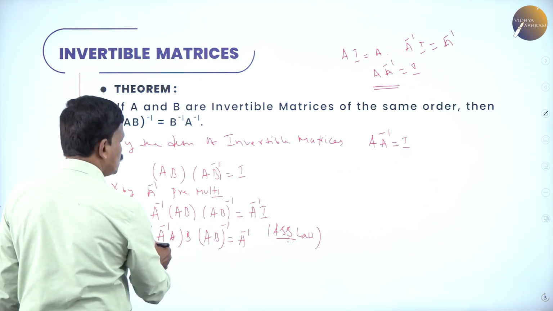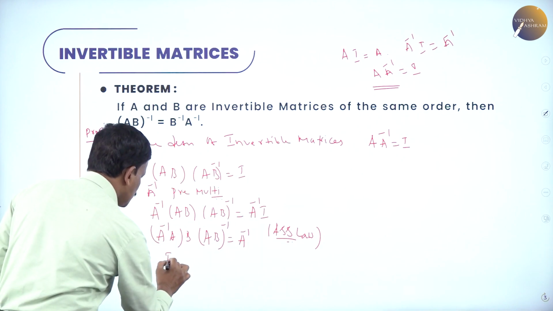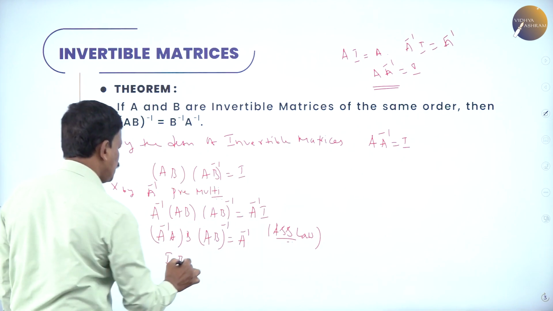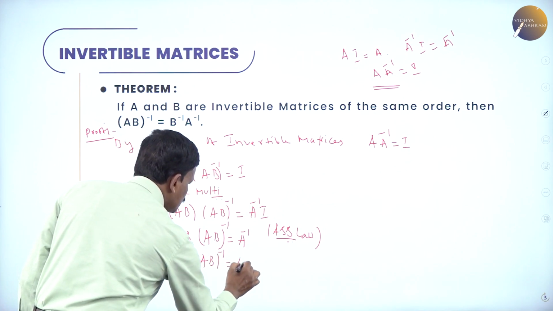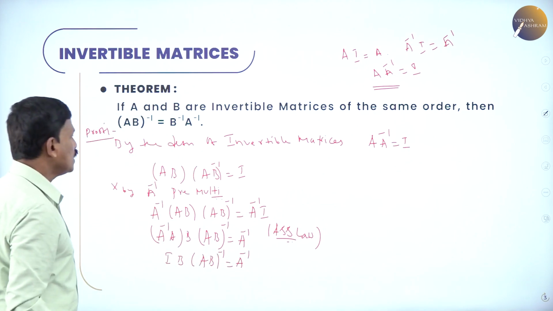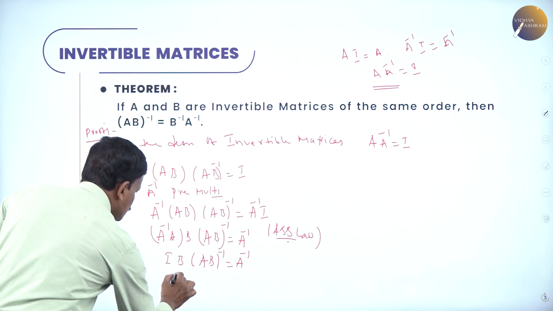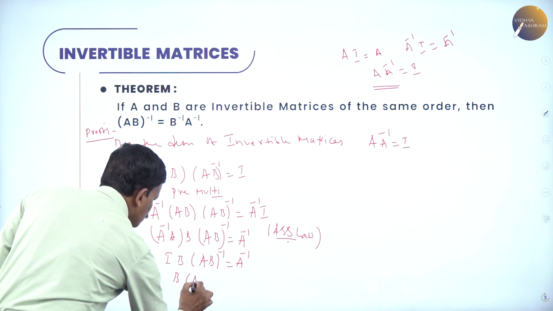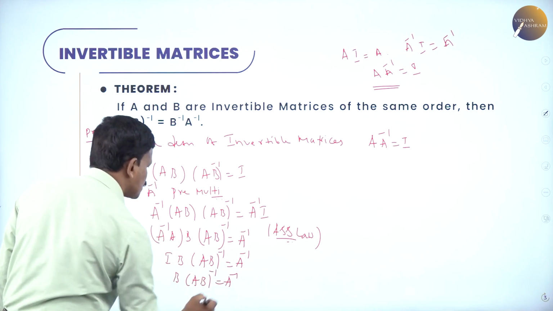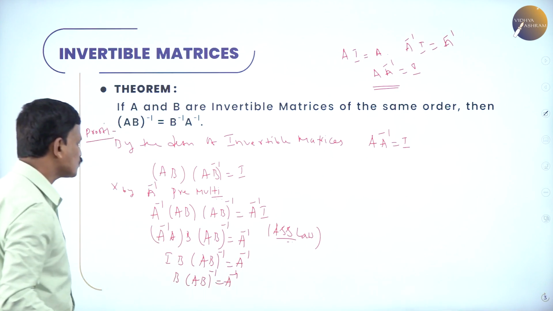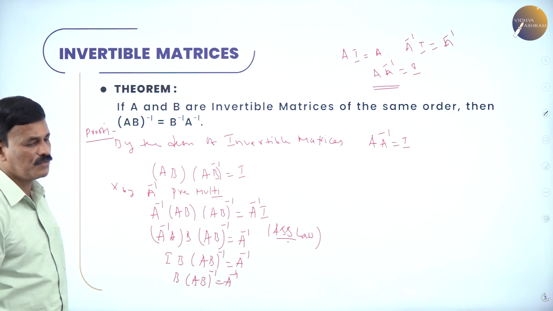So, using the invertible property, A inverse A is equal to I, this can be written as I into B into (AB) whole inverse is equal to A inverse. Again, if A into I is equal to A, I into B is also equal to B. So B into (AB) whole inverse is equal to A inverse.